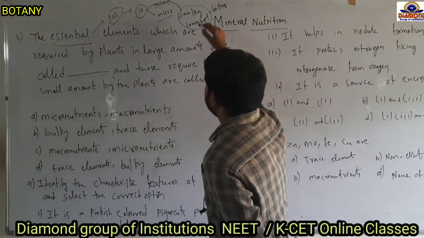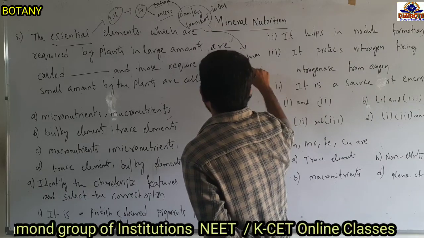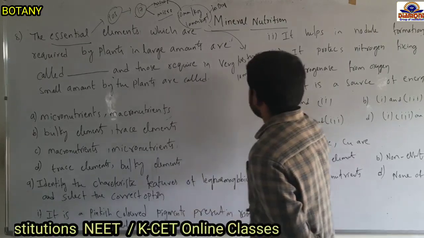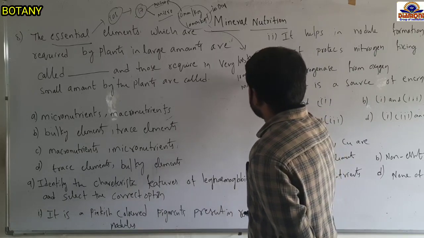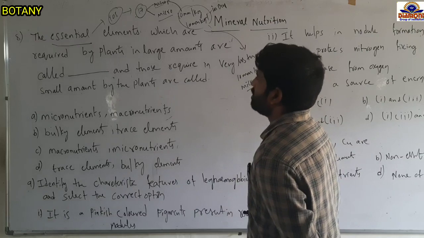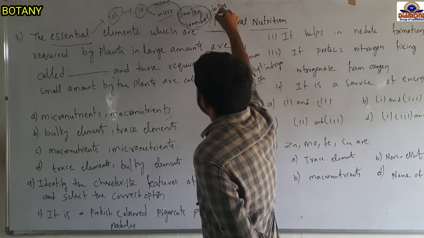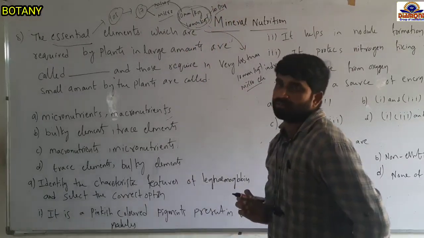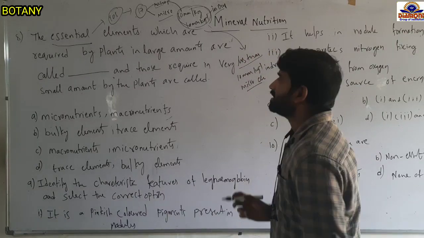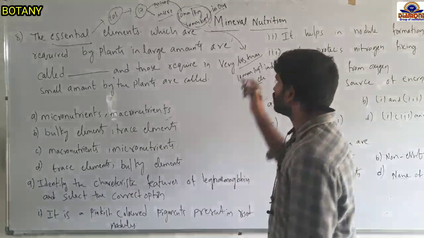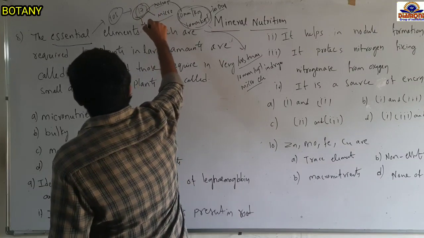In the same way, the elements required for plant growth and development at less than 10 millimoles per kg inverse, such elements we call micro elements. So macro elements are more than 10 millimoles per kg in dry matter, required for plant growth and development, and micro elements are less than 10 millimoles per kg in dry matter. Both macro and micro combined together are written as 17 elements. Those 17 we call essential elements.